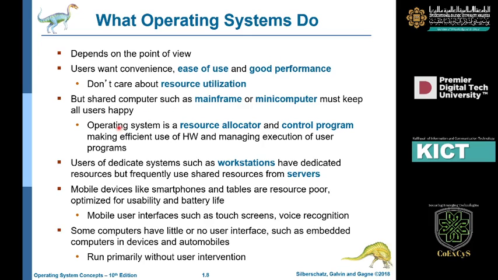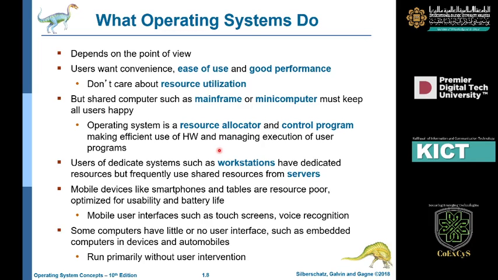Now, a shared computer system such as a mainframe, minicomputer, or server somewhere has to keep all the users happy. So the operating system's job in this case is to manage resources using an algorithm that allows resource allocation and control of programs to be as efficient as possible in accessing hardware and so on.